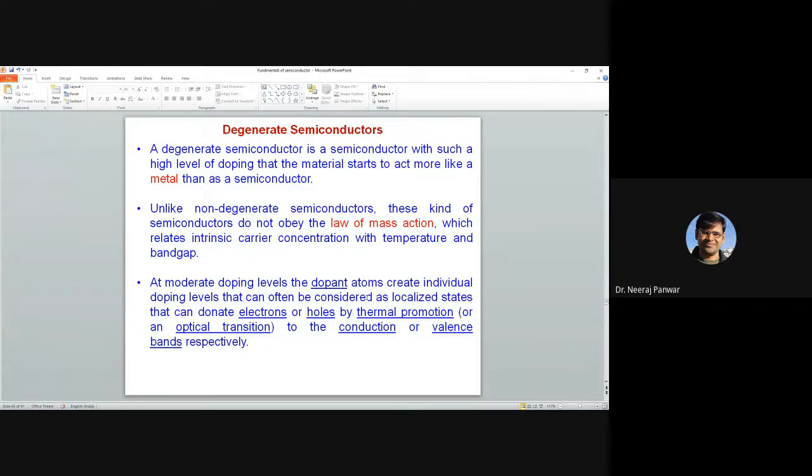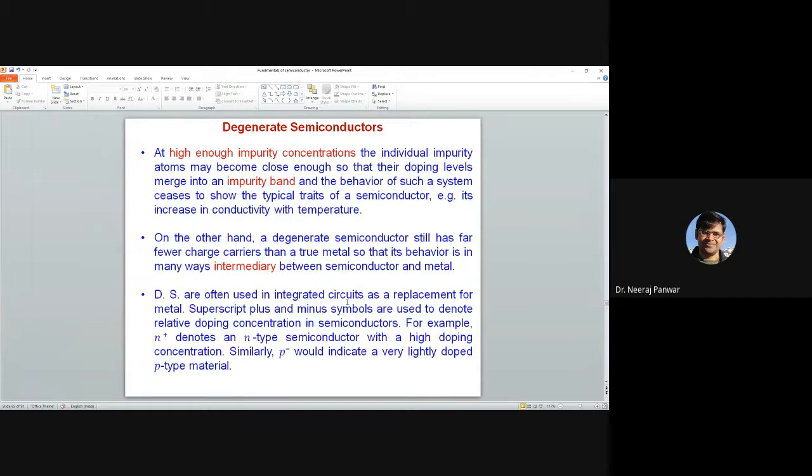What they can do is just donate the electrons to the conduction band. But when the doping concentration is very high, we have a large number of donor or acceptor atoms and they are very close to each other. So their wave functions will start overlapping and they will form a band known as the impurity band.